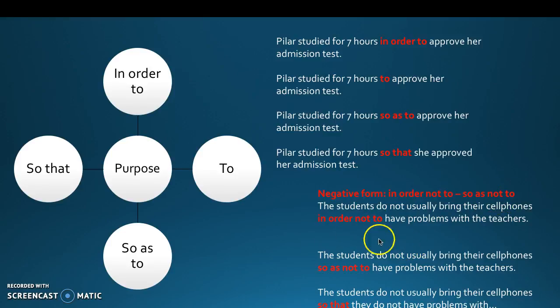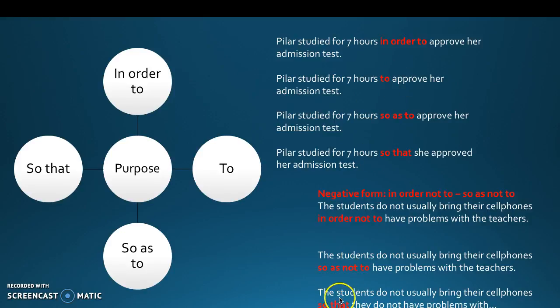So we can see here some examples. The students do not usually bring their cell phones in order not to have problems with the teachers. The students do not usually bring their cell phones so as not to have problems with the teachers. The only one that does not have a negative form is to.